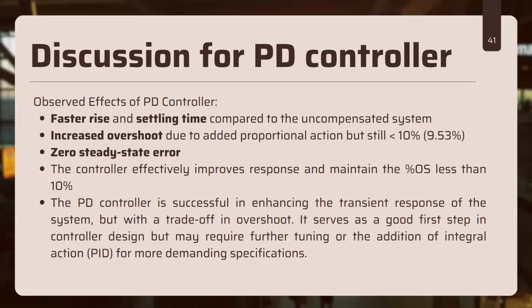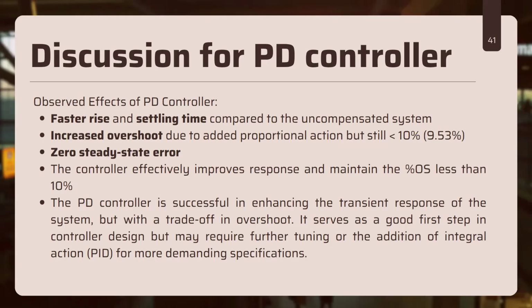So for the discussion, we observe that for the PD controller, we get faster rise and settling time compared to the uncompensated system. Although there is an increased overshoot due to the added proportional action, it is still less than 10%, so it is still acceptable. Then the system has zero steady state error.